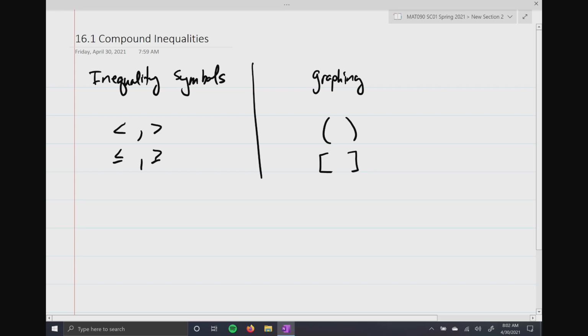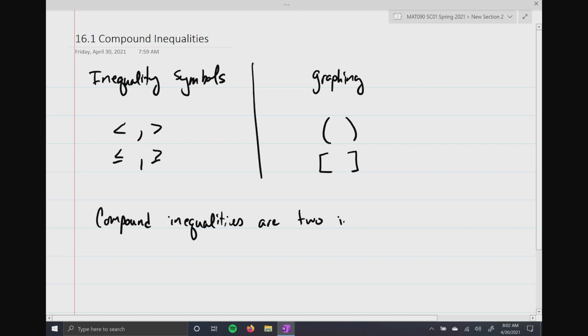All right? So compound inequalities are, let's see how I can say this here.